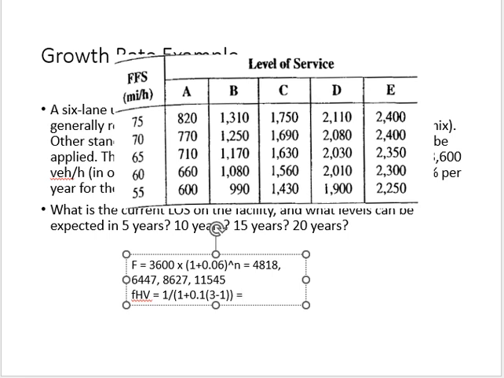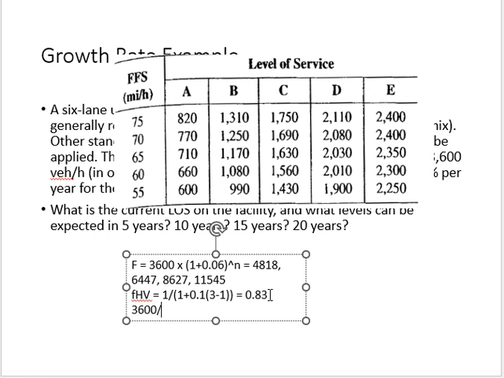How much is this? 0.83. So what we will do is, all these values will be divided by 0.83 and the peak hour factor.